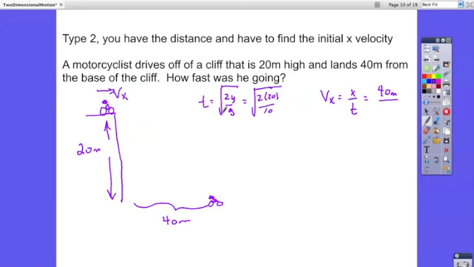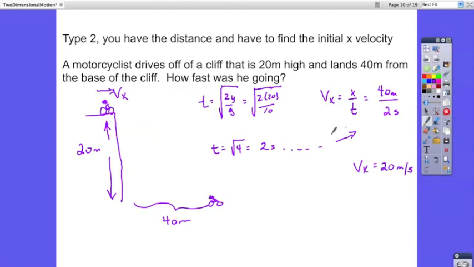Make sure that your radical comes down so that you're not going to mistakenly only take the square root of the 2y part. All three of these values is under the radical. 2 times 20 is 40, and 40 over 10 is 4, and the square root of 4 is 2 seconds. So now we'll take that 2 seconds, plug it in over here. 40 divided by 2, Vx is 20 meters per second.